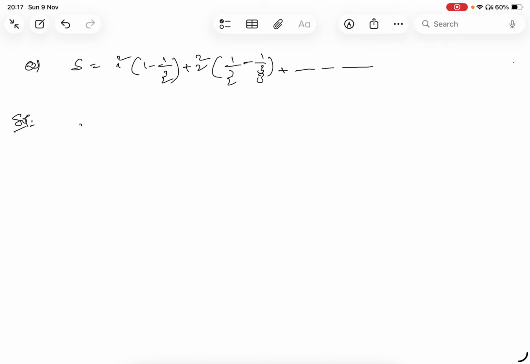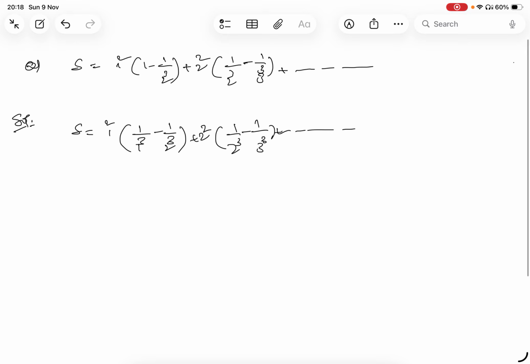Here S can be written as 1 square into 1 by 1 cube minus 1 by 2 cube plus 2 square into 1 by 2 cube minus 1 by 3 cube and plus so on, right? So let's write it in the form of a summation.